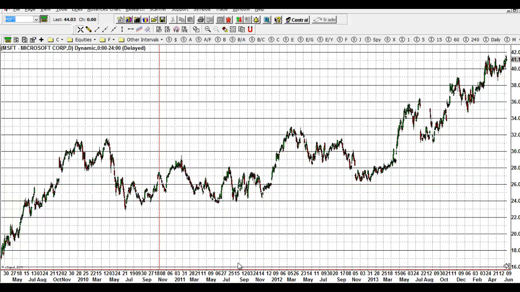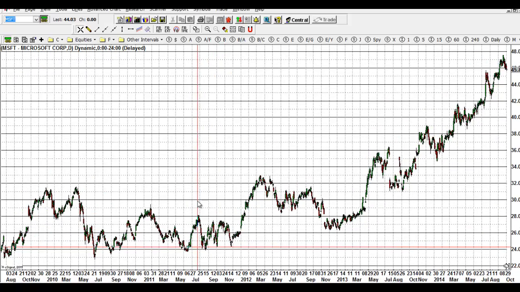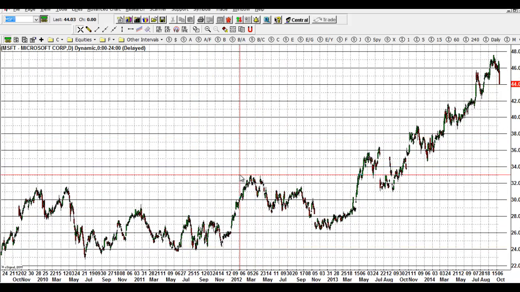Now, to read the chart, you can see what's happening in terms of which direction the chart is moving. Are we in what they call an uptrend, or are we in a downtrending environment?